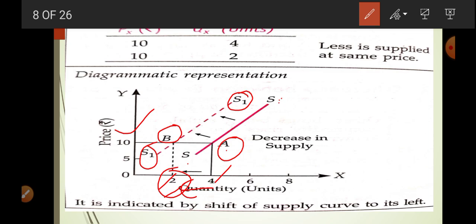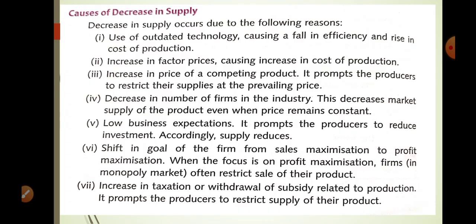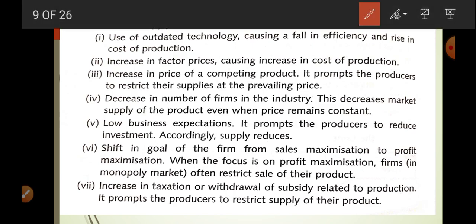So this leftward shift is known as a decrease in supply. Okay, now here are given the causes of decrease in supply. If outdated technology is used, then efficiency is going to reduce and cost of production is going to increase, and as a result production is going to decrease and supply is going to decrease.